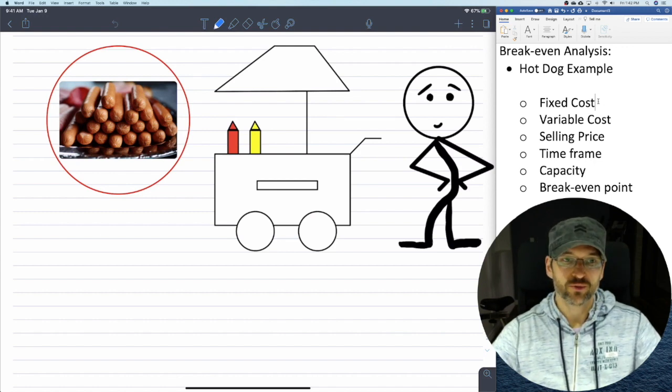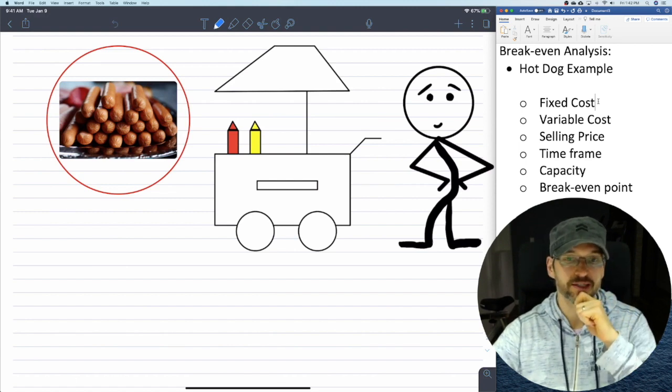Now, when you start selling anything, you always run into the concept that you can't really sell much without having some kind of costs associated with what you're selling. So I will concentrate on this hot dog example.